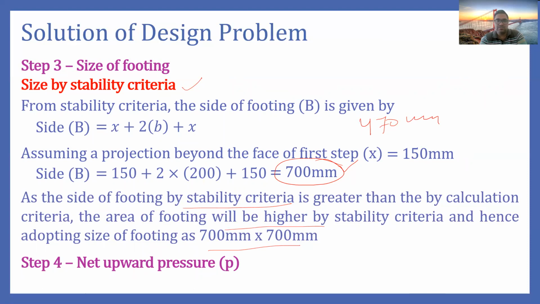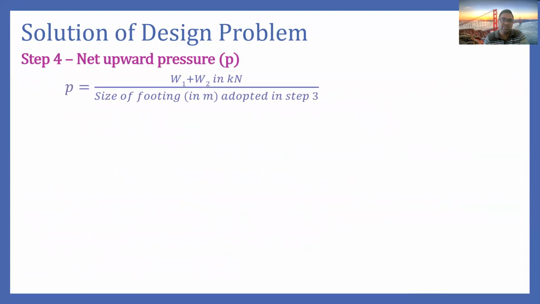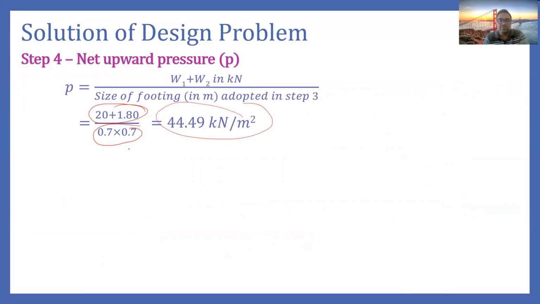Net upward pressure can be calculated by using the relation W1 by W2 divided by size of footing adopted. We have adopted the size of footing as 700 by 700 mm, but because the load is in kilonewton, we will consider this value in meter. With this, we can calculate the value of P as 44.49 kilonewton per meter square.